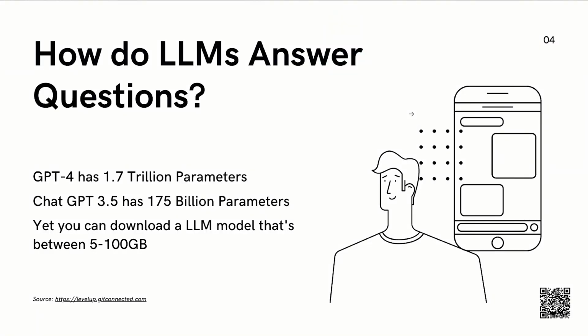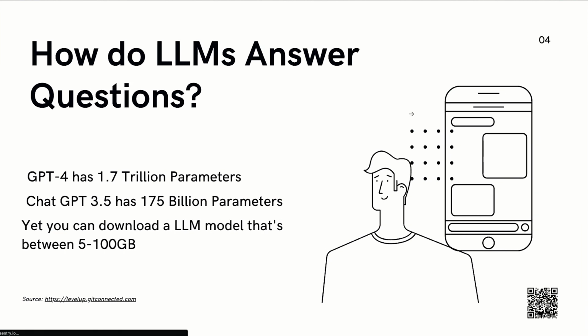Do you think that it literally goes through 175 billion parameters in those 30 or 60 seconds? It doesn't, right? The other thing that you can do is you can download one of these models, and you can get them for between 5 and 100 gigabytes. So you could take this really large language model and condense it down to a very small amount of space that could literally run on your computer or on your phone.